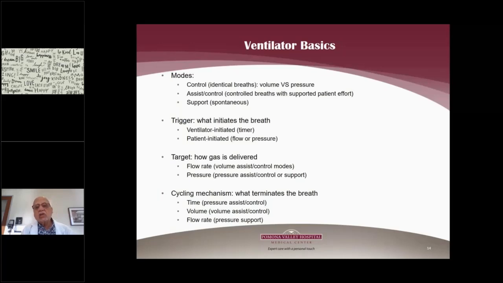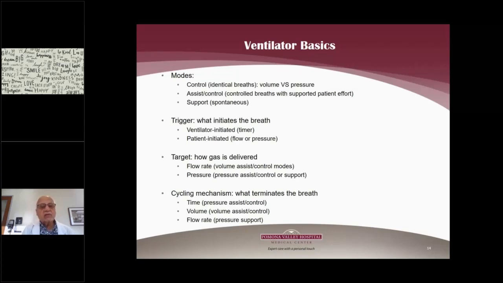Now, with most of our newer ventilators, we have found that there's a combination of the pressure mode as well as the volume mode, and that's being used nowadays. We call it pressure regulated volume control ventilation. So we take the best benefit of delivering gas via a pressure mode as well as a volume mode, since in certain situations pressure could be more advantageous than volume.